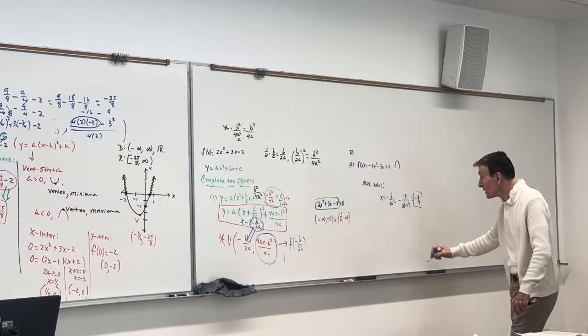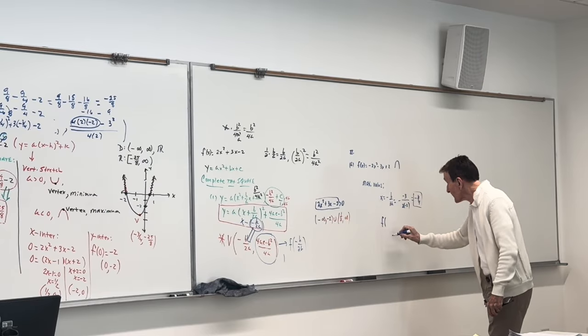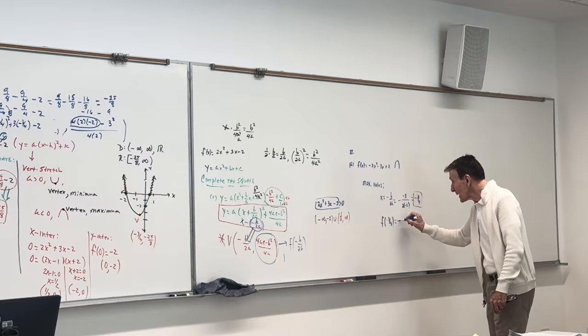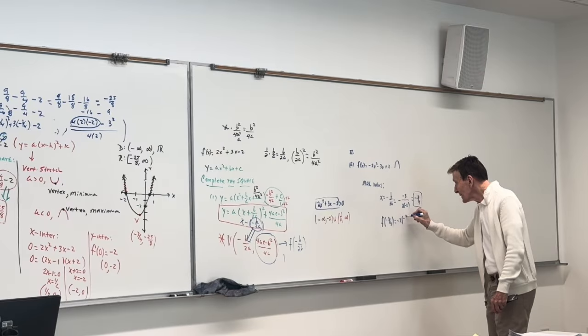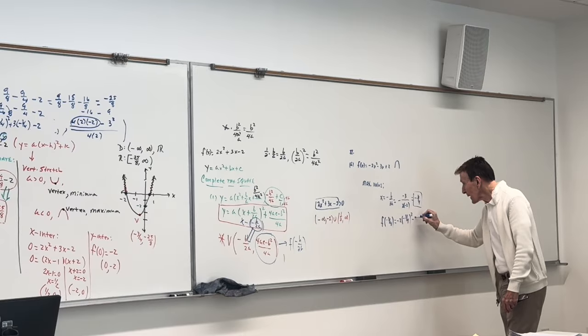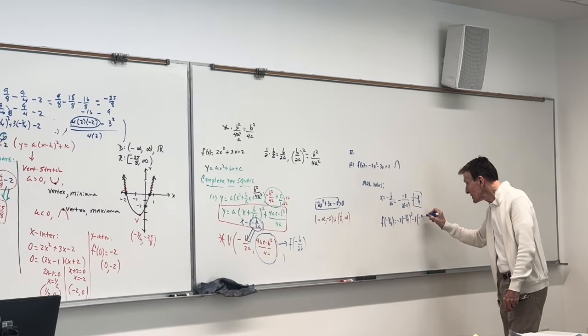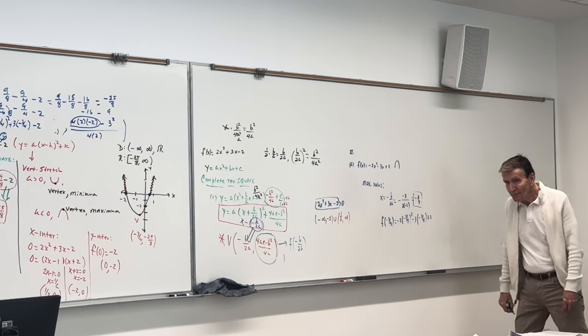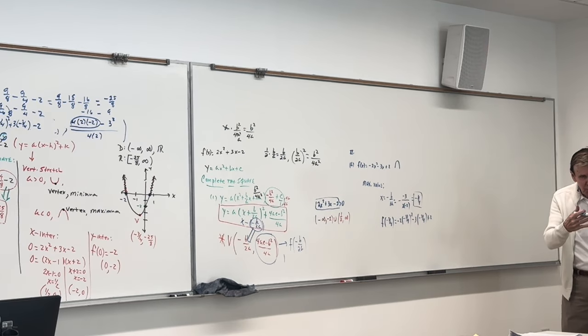Okay, here we go. Let's try to find f of negative 3/4. No problem. Negative 2 times negative 3/4 squared, subtract 3 times the negative 3/4, plus 2. A little risky, with fractions.